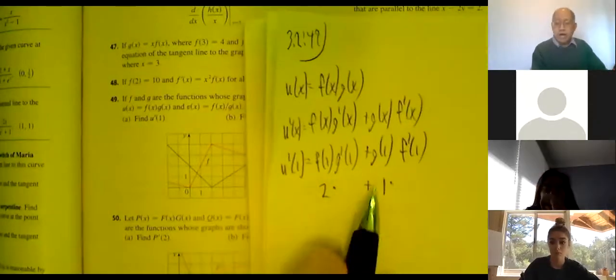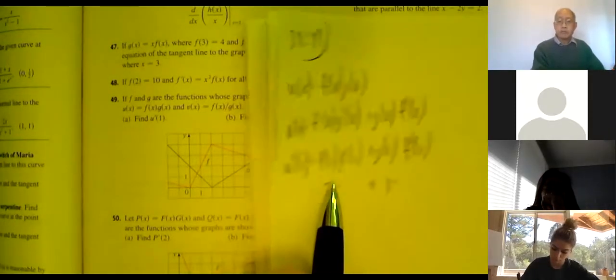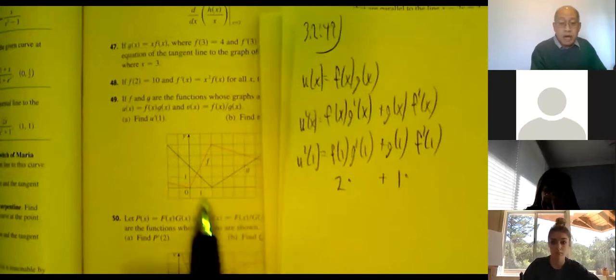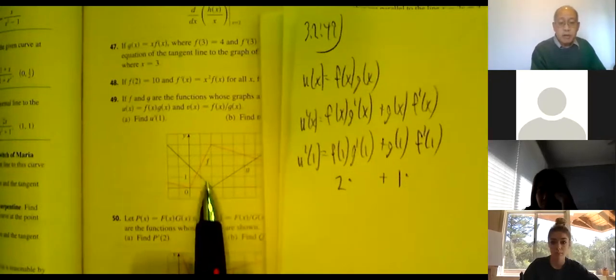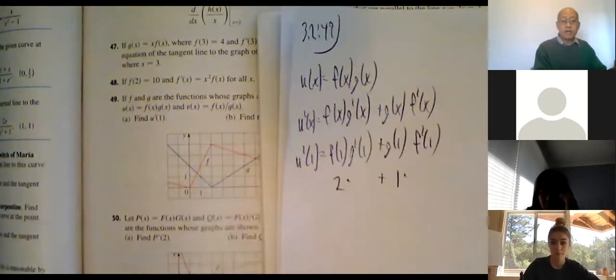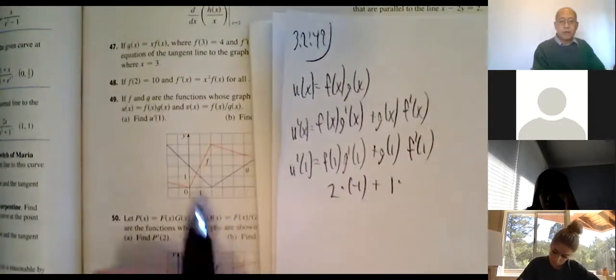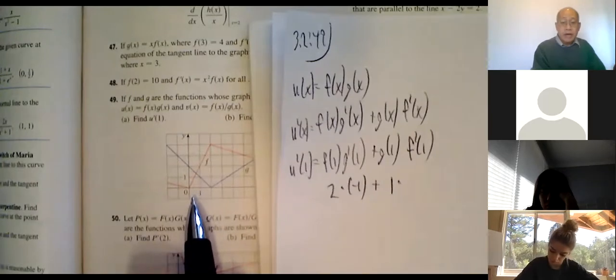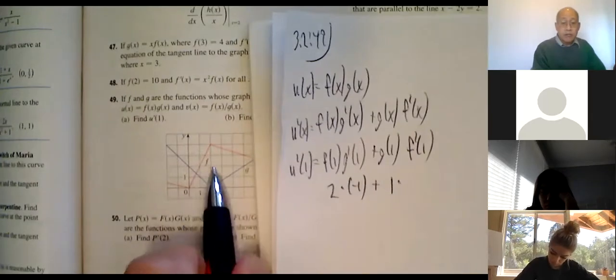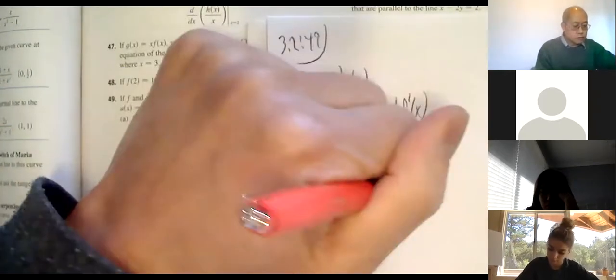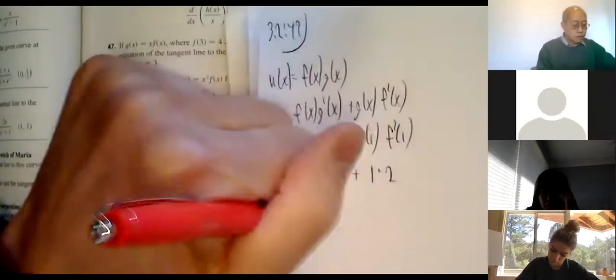Okay, the primes mean slope. So g prime of 1, what's the slope here? Looks like it's negative 1: over 1 and down 1. f prime of 1, what is the slope at 1? Okay, that's over 1 up 2, so it looks like it's 2. So that's going to be what?